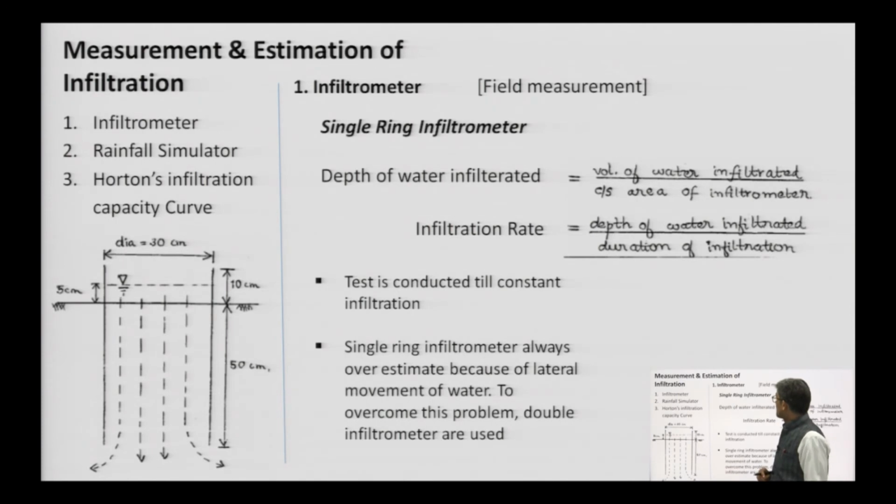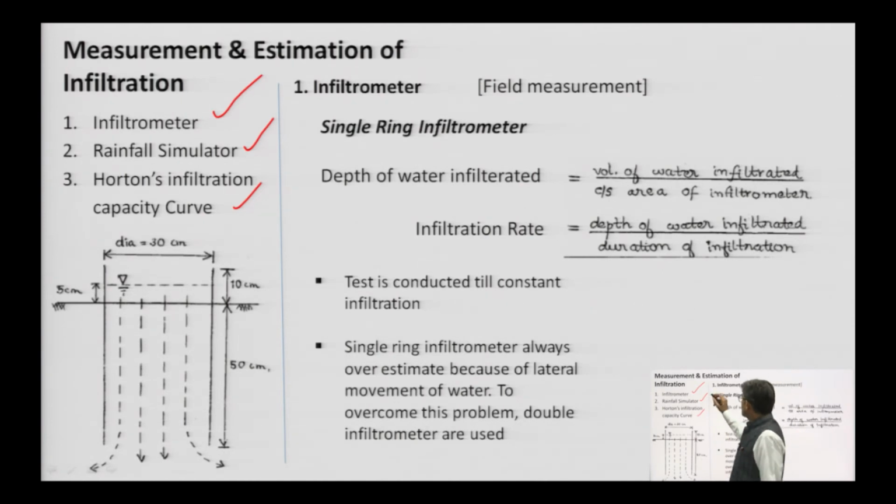Right. The next thing is the measurement and estimation of infiltration. So, we have the infiltrometer, the rainfall simulator, and Horton's infiltration capacity curve. With these three methods, we measure infiltration.